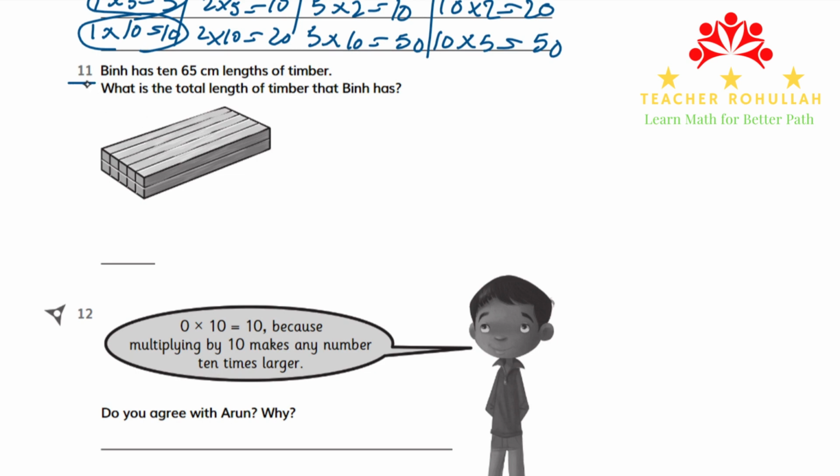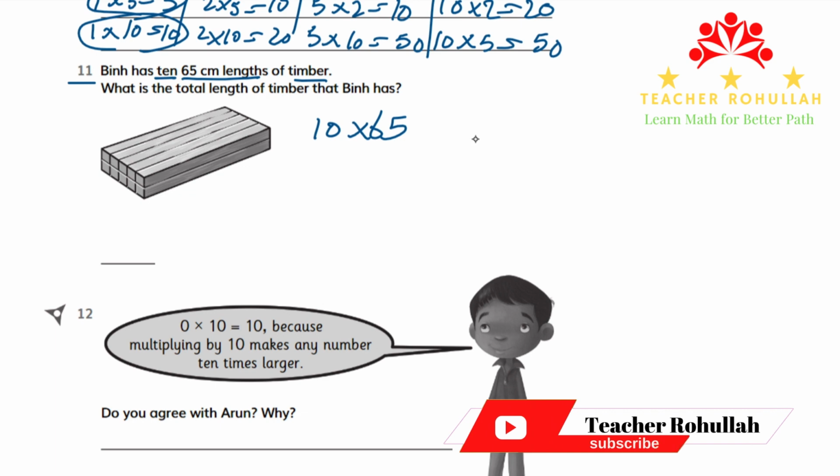In question 11, it says, Bean has 10 65-centimeter lengths of timber. What is the total length of timber that Bean has? 10 65 means 10 is multiplied by 65.